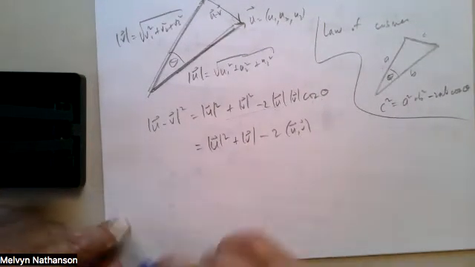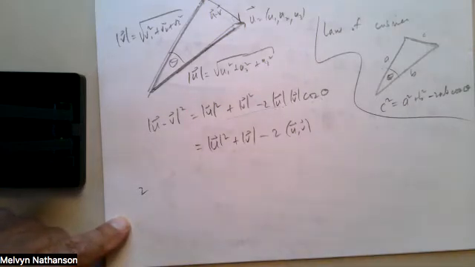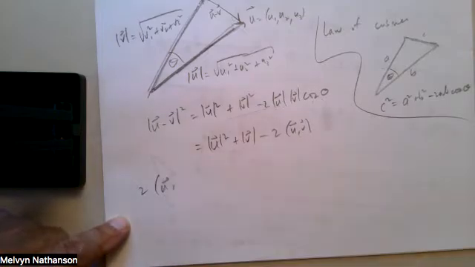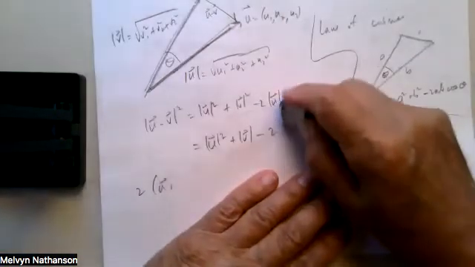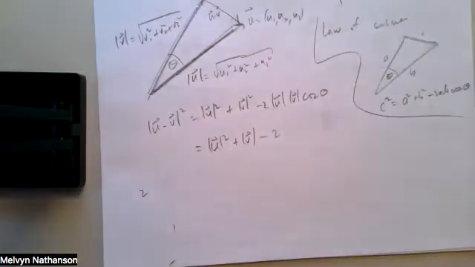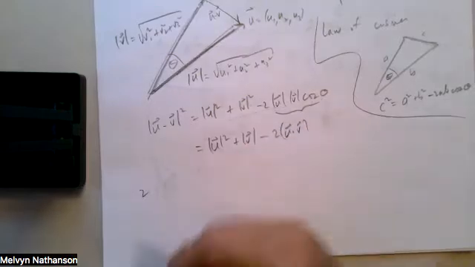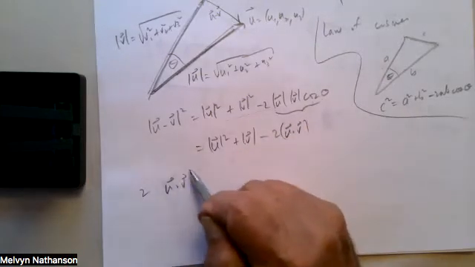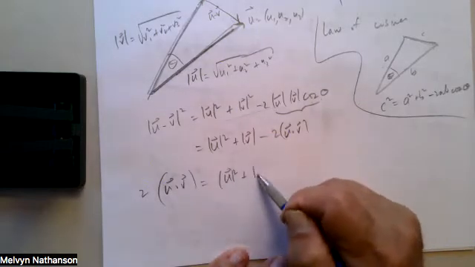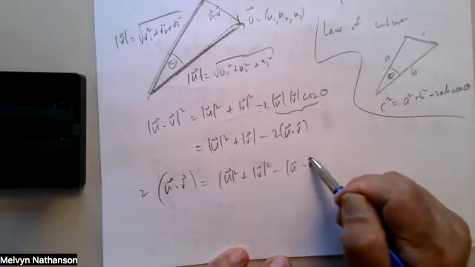If I rearrange this, 2 times the dot product of u and v is equal to the length of u squared plus the length of v squared minus the length of u minus v squared.